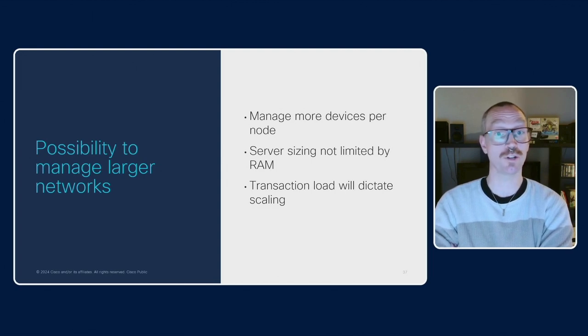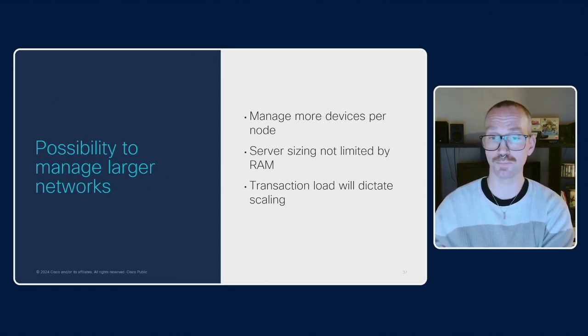But if you have a really large network with a lot of devices, but they don't get updated too frequently, you should be able to run with a much leaner machine, because even though there might be some overhead of loading the data in, potentially making your transactions a bit slower, there's still enough headroom in the server capacity to manage that, and you will never run out of memory as before.